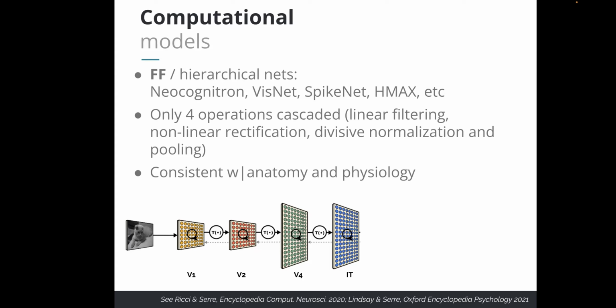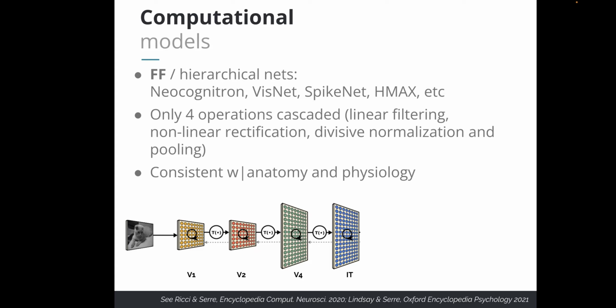Those models are feed-forward hierarchical models, and interestingly, they use only 4 operations to account for experimental data: linear filtering, followed by nonlinear rectification, some form of divisive normalization, and some form of pooling.